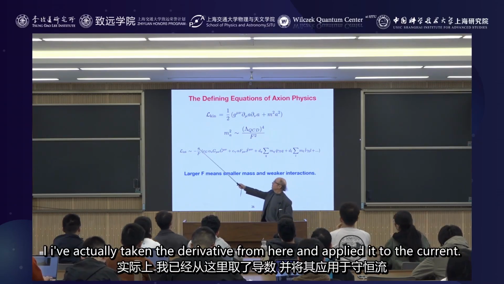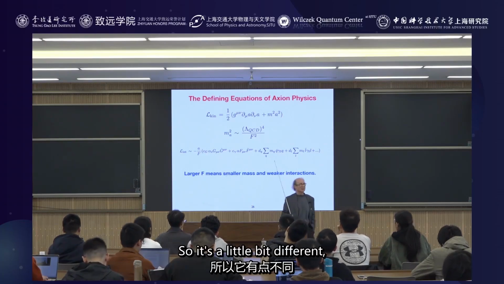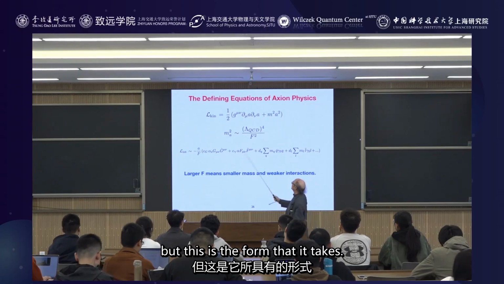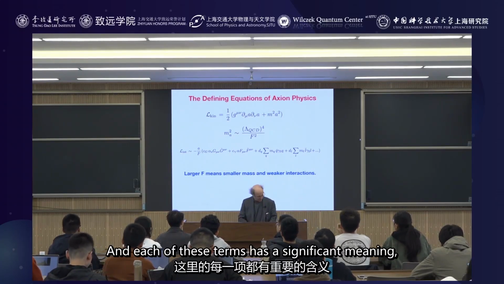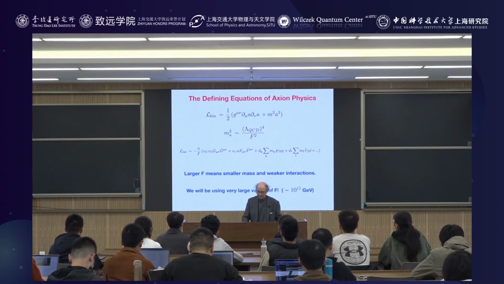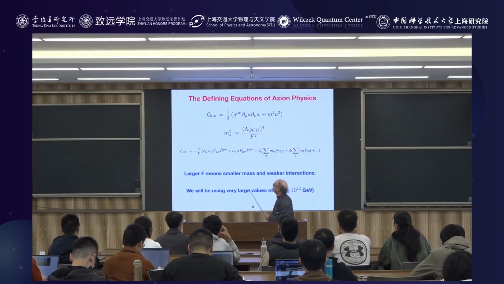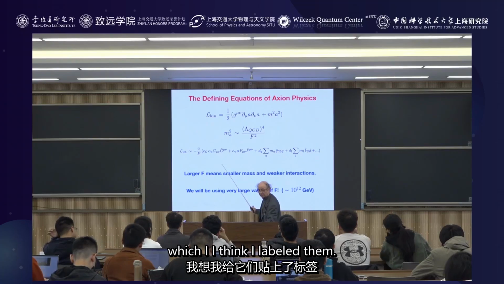I've actually taken the derivative from here and applied it to the current, so it looks a little bit different, but this is the form that it takes. And each of these terms has a significant meaning, which I should spell out. Which I think I labeled them.